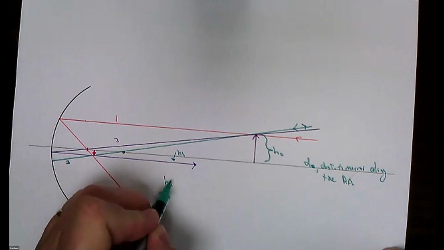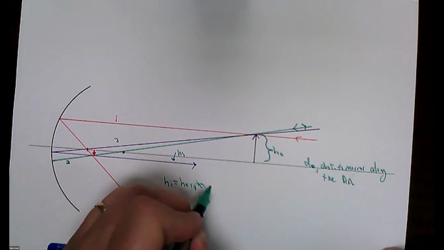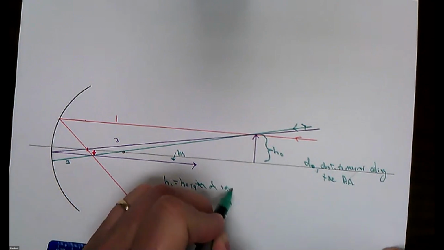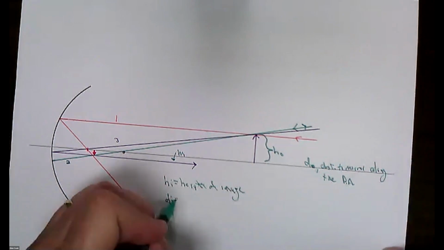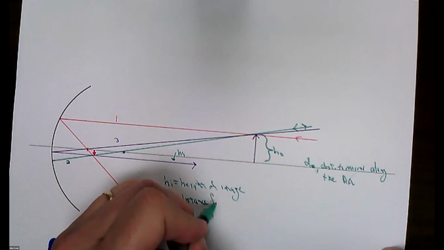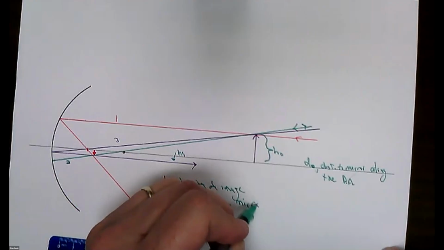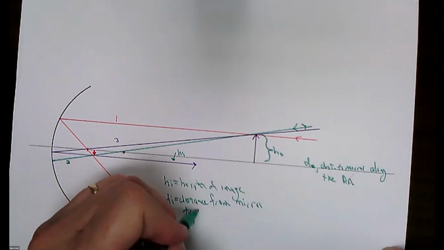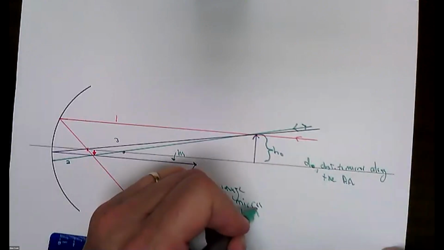So HI is the height of the image, and DI is the distance from mirror to image along the PA, the principal axis.